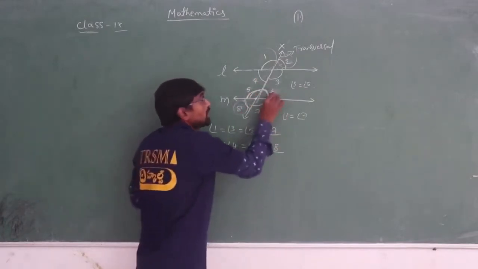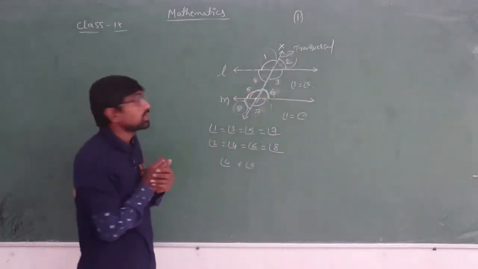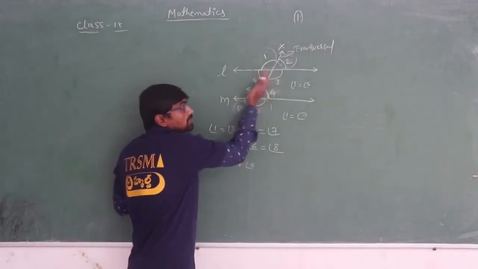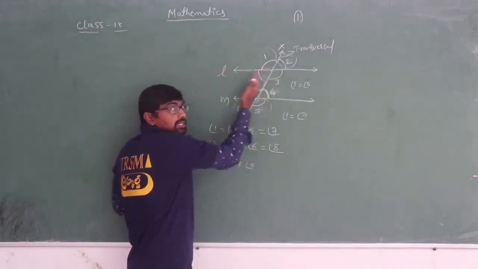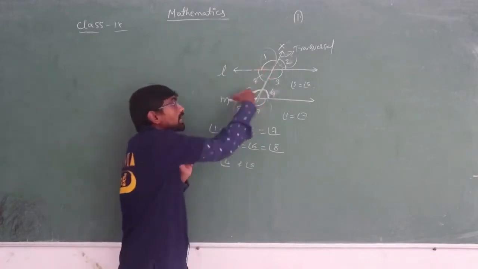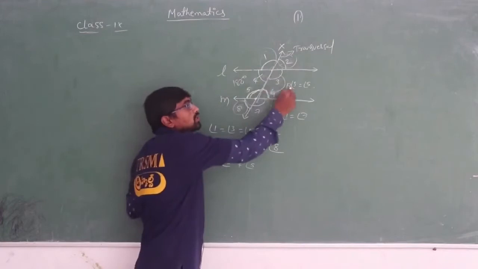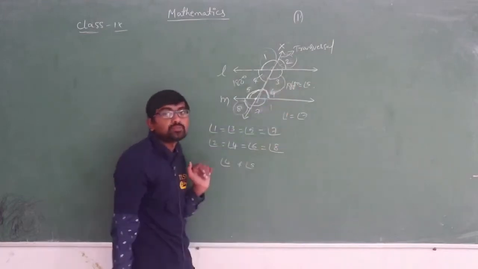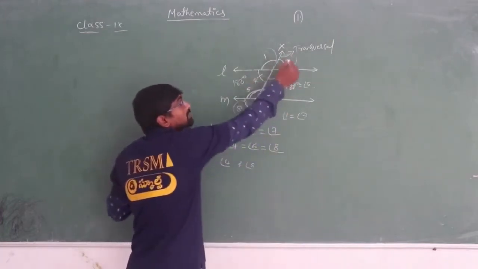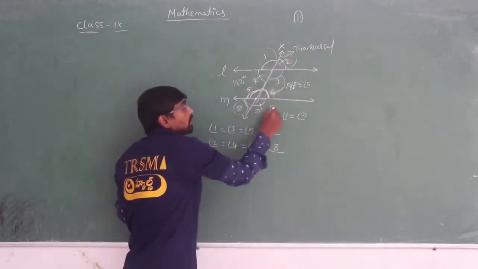So similarly, whenever you add adjacent angles, the angles which are lying interiorly or exteriorly at one side, if you add these both angles, you will get 180 degrees. Similarly, if you add these both angles, 180 degrees. If you add the exterior corresponding angles similarly, it will be 180 degrees.